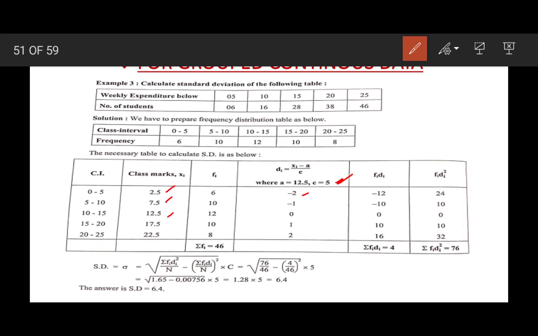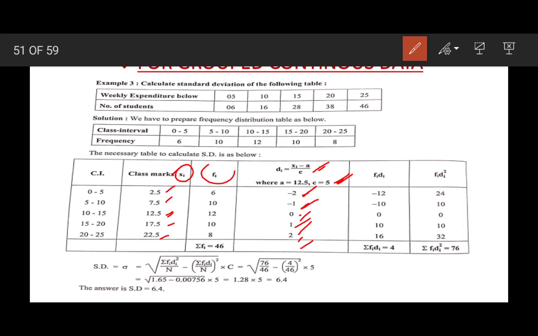Minus 5 upon 5, so minus 1. Then 12.5 minus 12.5, so 0. Then 17.5 minus 12.5, so that is equal to 5. 5 upon 5, so that is equal to 1. Then 22.5 minus 12.5, so that is equal to 10. So 10 upon 5, so 2. Okay. So I reduce these x values as minus 2, minus 1, 0, 1 and 2.